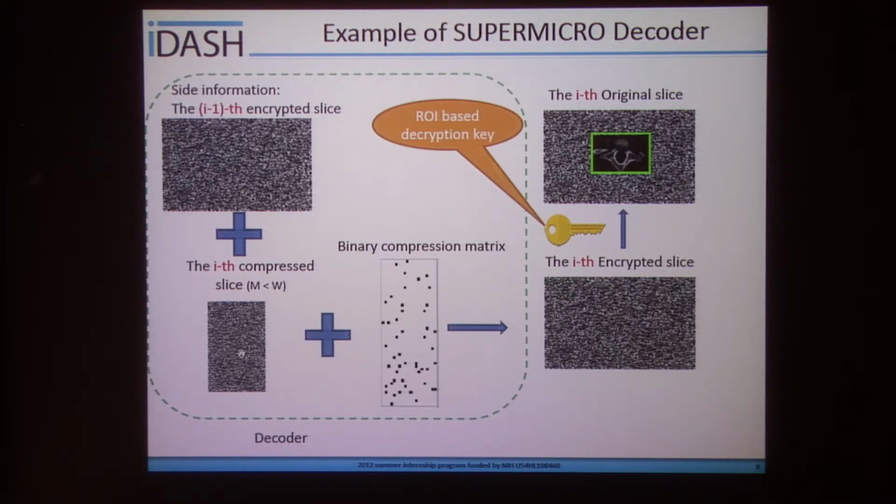In essence, the proposed SUPERMICRO framework shifts the task of exploring the inter-slice correlation at the encoder to the task of exploring inter-slice redundancy at the decoder. We can see that even though a user may decompress the entire data, the decompressed data is still encrypted except the ROI where he has the respective key.